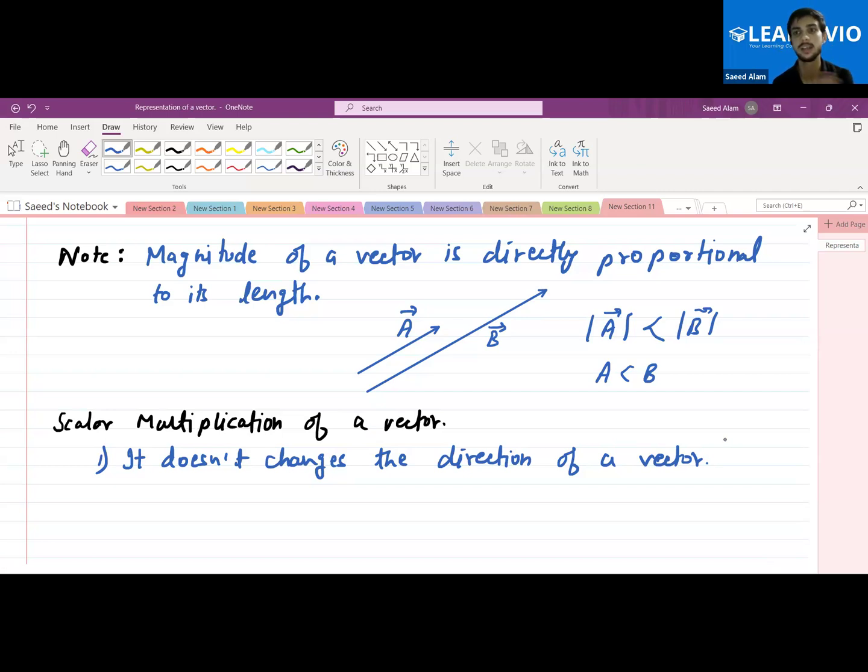So the scalar that I had chosen in this case is 1 by 2. Yes or no? Yes. And as I am multiplying this 1 by 2 with the vector, the direction is not changed. So that's why I had written that on scalar multiplication of a vector, it does not change the direction of the vector. Okay, just a second.